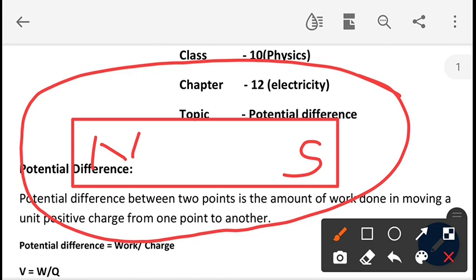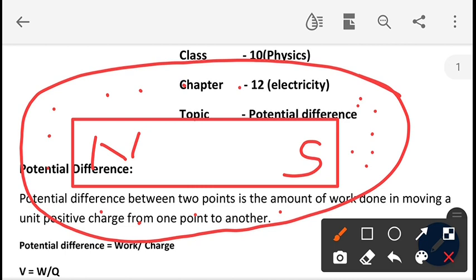You must be familiar with it. My major motive behind this is that there is a region around the bar magnet, and in this region you can feel the presence of the magnet.